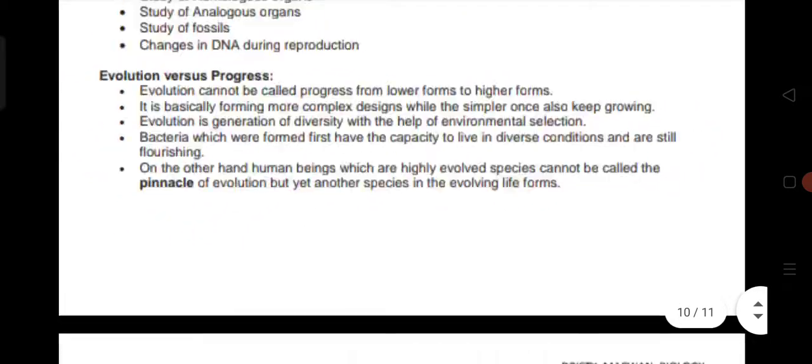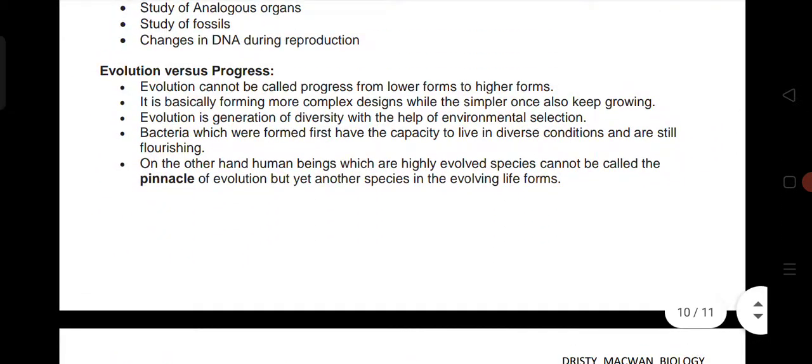And now we are going to see the evolution word. Evolution cannot be called progress from lower forms to higher forms, right? So we cannot say that progress is being done. Evolution cannot be called progress, because it basically forms more complex designs, while the simpler ones also keep growing.